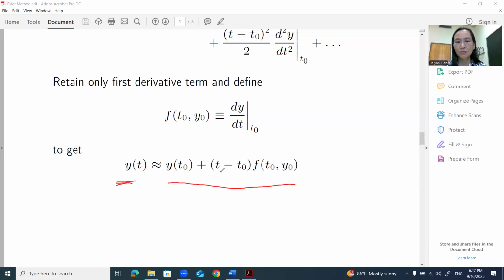But if you use this simple function, suppose you want to calculate at t1, right? At t1, what is the approximate solution, which is called y1.